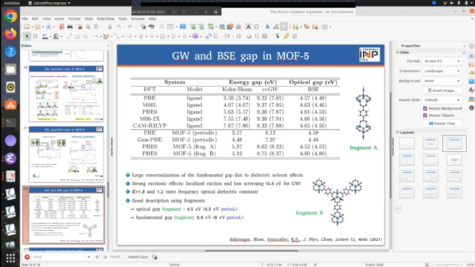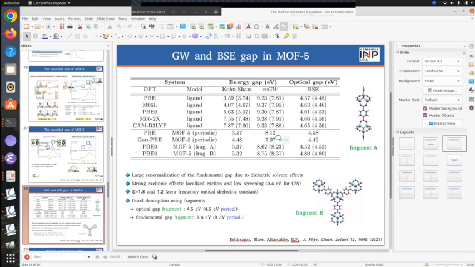So if I look at the difference between the fundamental and the optical gap, there is a certain amount of energy, something like 4 electron volts, even 5 electron volts.